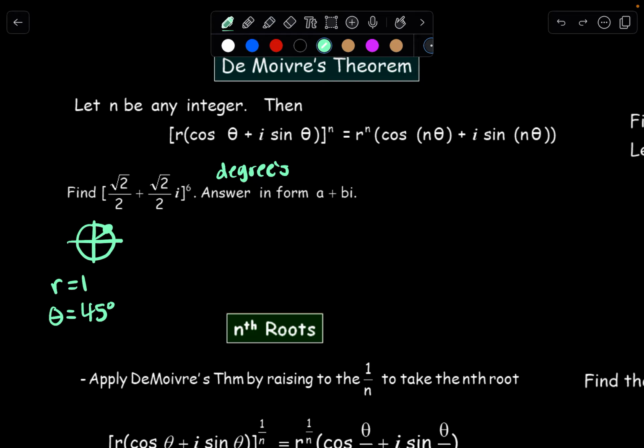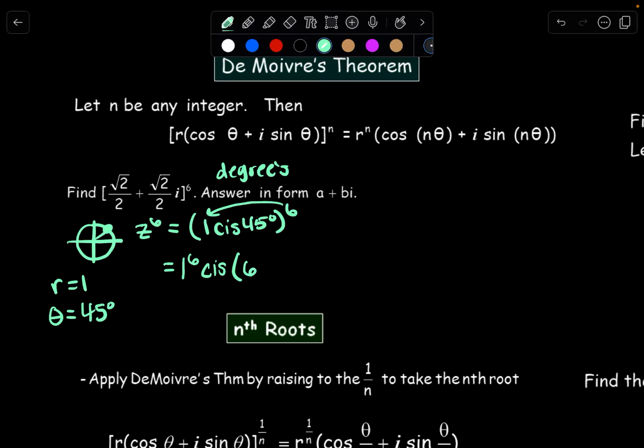So in trig form, that means our complex number, we're raising it to the 6th power. That's going to be equal to 1 CIS 45. Now from here, to use DeMoivre's theorem, you apply the power to the radius, all right? So we're going to raise the radius to the 6th power, and then you're going to use that same power and multiply it with the angle.